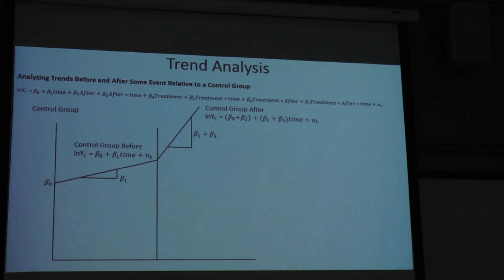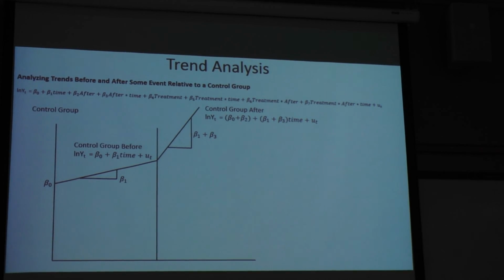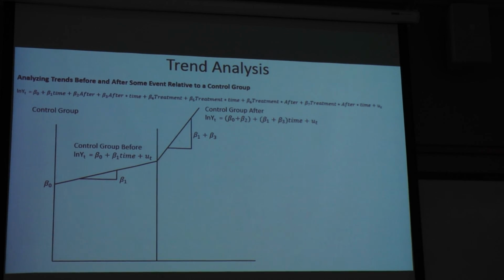Beta 3, we know, represents the difference in slopes of the control group after the treatment relative to before. So this is the last homework. We already did this. Right? This is nothing that we haven't done.